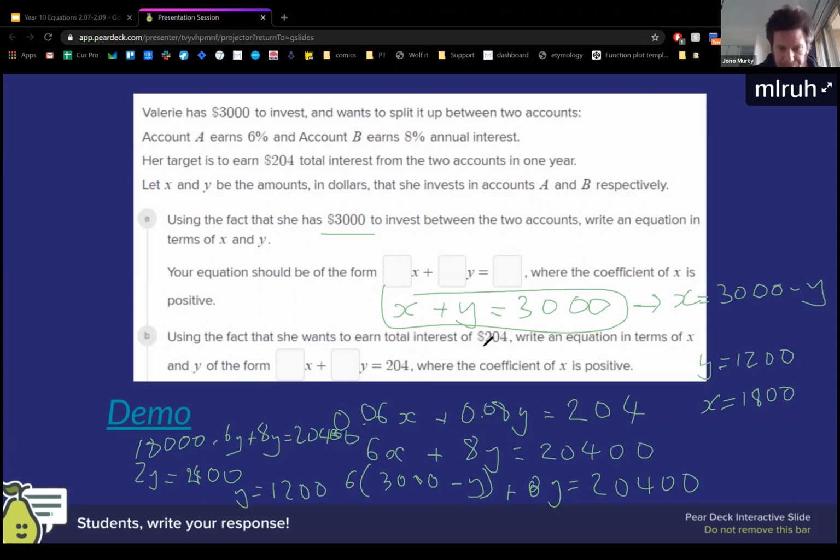Okay, so if you just kept it as 0.06x plus 0.08y equals 204, you could still substitute in your rearranged values and solve to get the same answer.